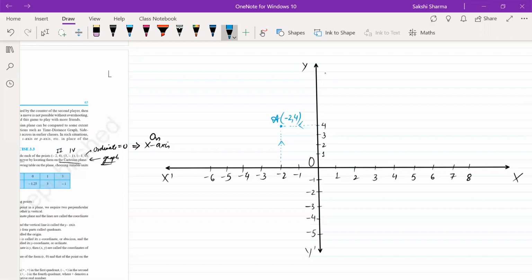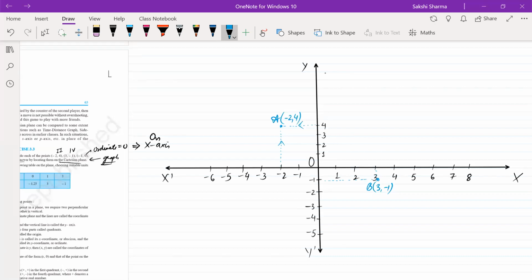Then we have 3, -1. So 3 from the x-axis and -1 from the y-axis, and you will get the intersection here. So the column is this one vertically, and horizontally you need the row for -1, and this is point B with coordinates 3, -1.